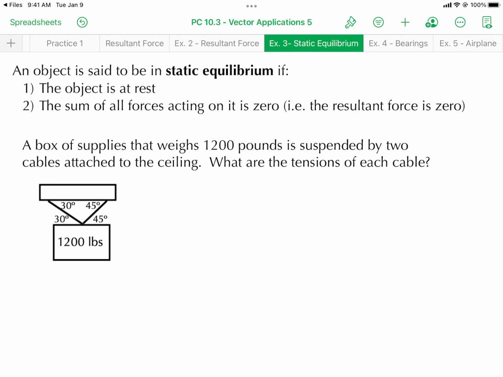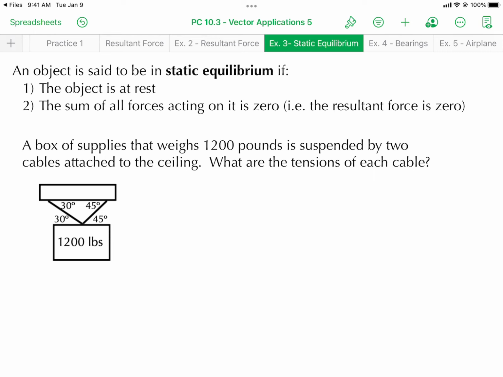So we have a situation here where static equilibrium applies. A box is being suspended by two cables that are attached to the ceiling. The box has a weight of 1,200 pounds, and each of those cables has a tension associated with it. We want to figure out the tensions of those two cables based off of the angles in the diagram.